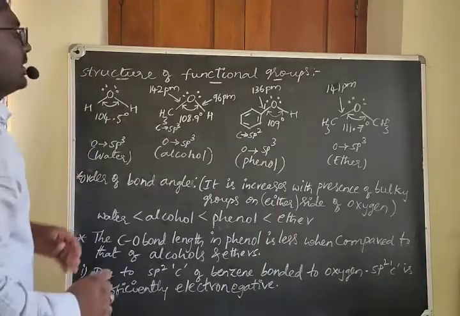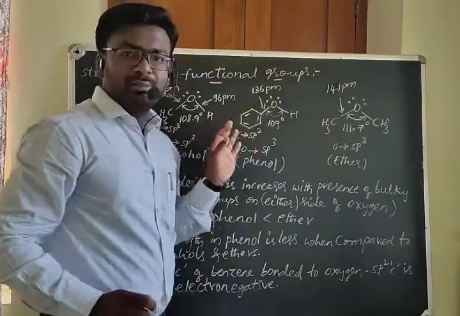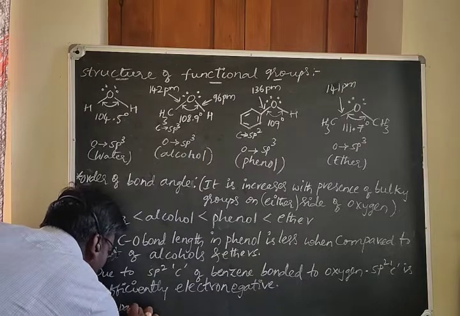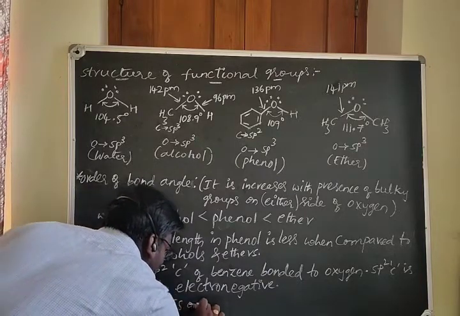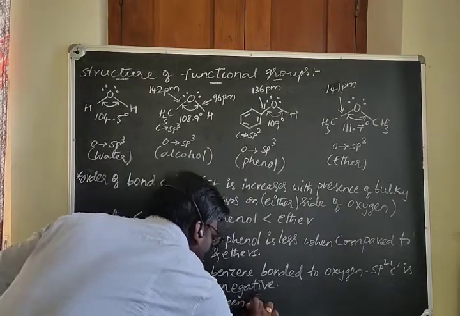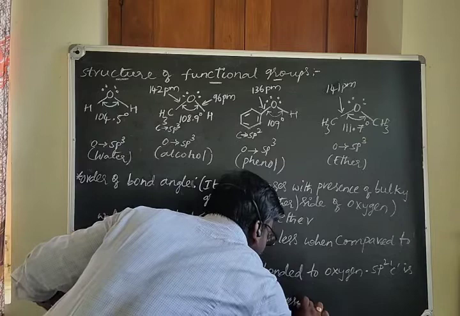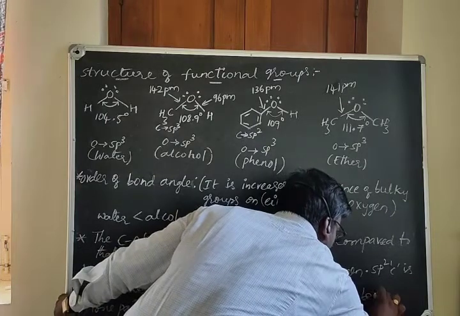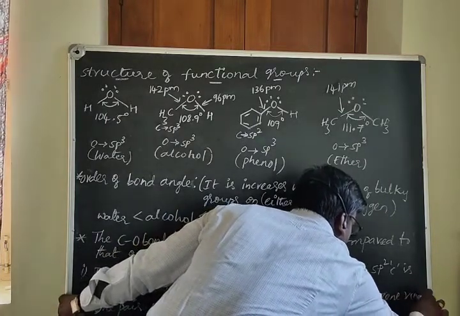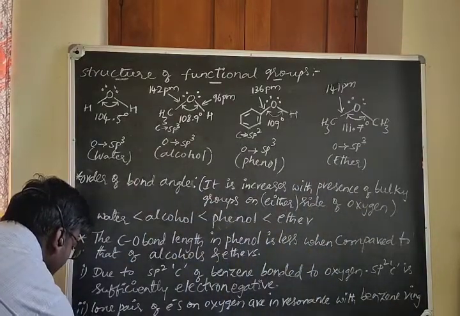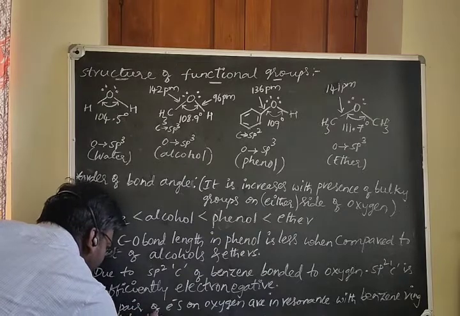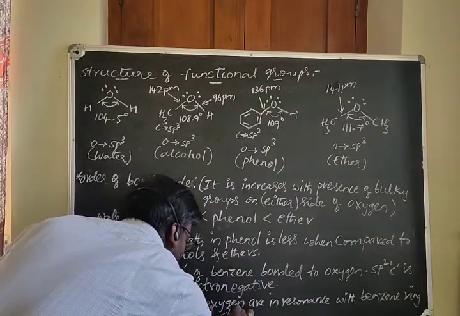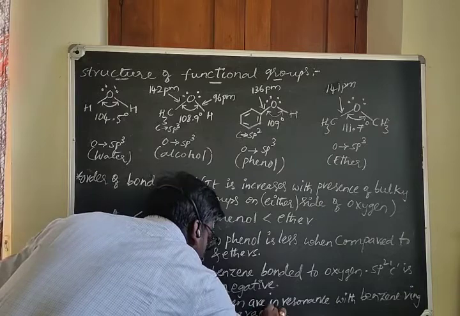Here the lone pair of electrons on oxygen are in resonance with the benzene ring and it causes partial double bond character.